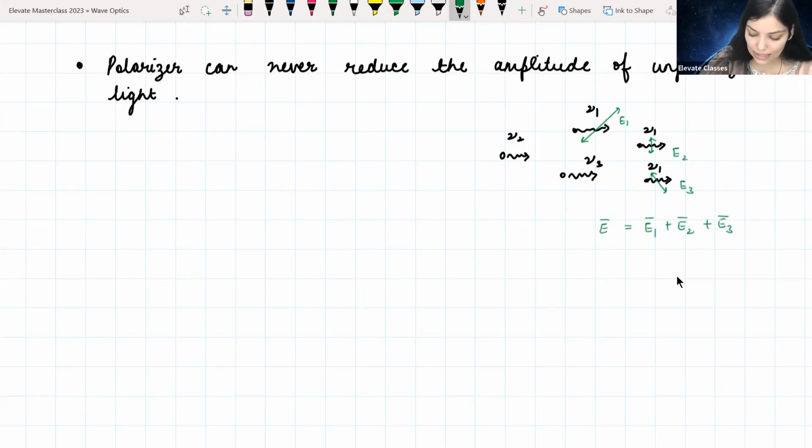I can combine all of these electric field vectors which are oriented in different manners because they are all spontaneously emitted fields.